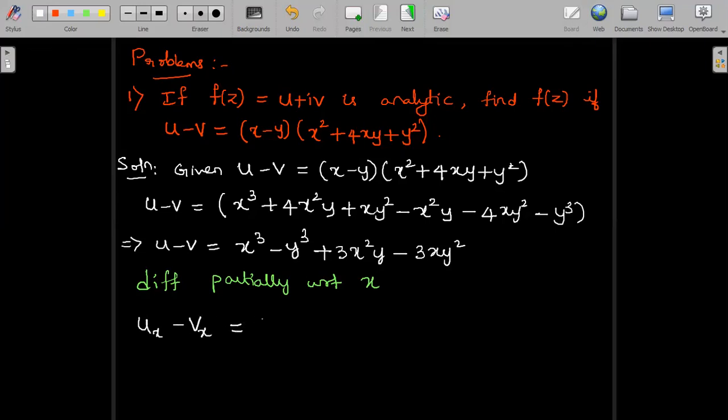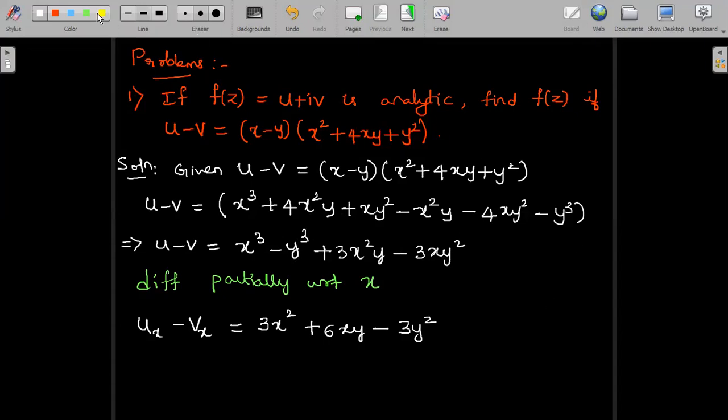Right hand side, x cube differentiation is 3x square, minus 0, plus 3 into 2, 6xy, minus 3y square. Partial differentiation with respect to x, y is a constant. So 3x square differentiation is 6x, keeping y as it is. And here x differentiation is 1, 3y square as it is. Differentiation of minus y cube is 0 with respect to x partially.